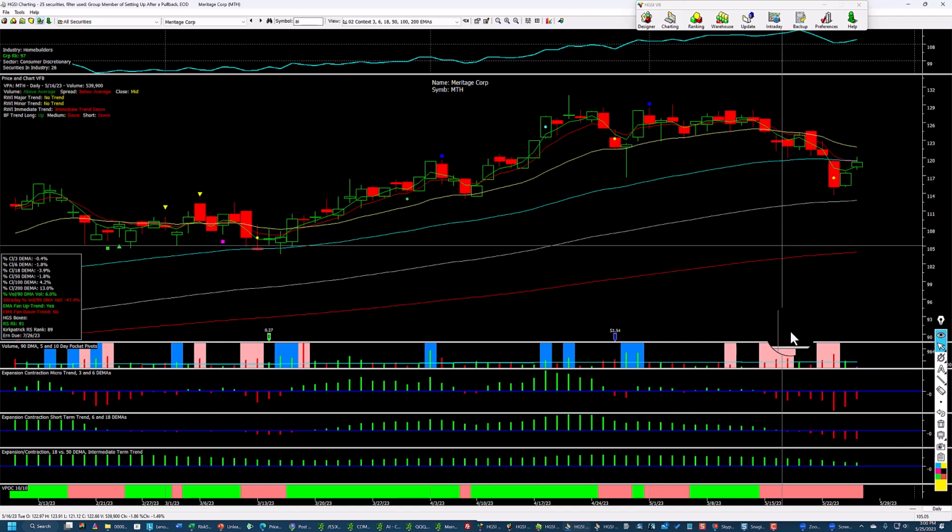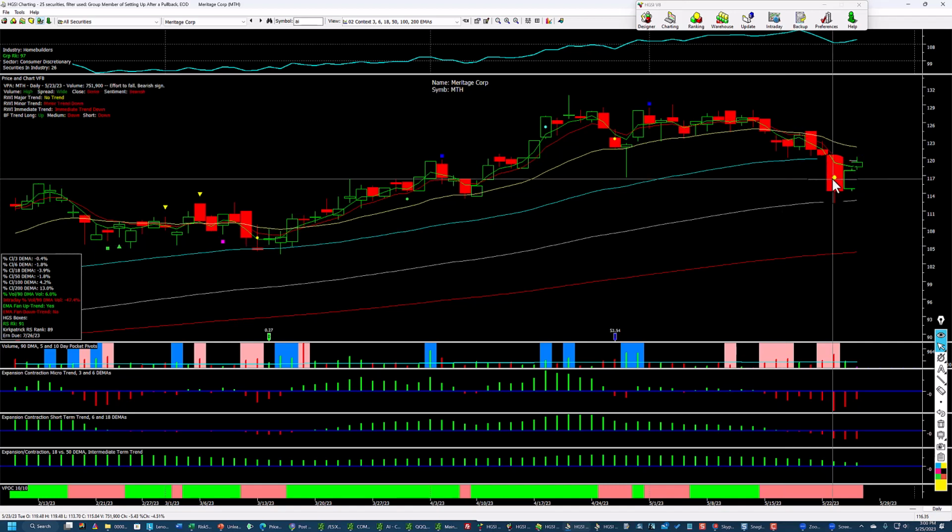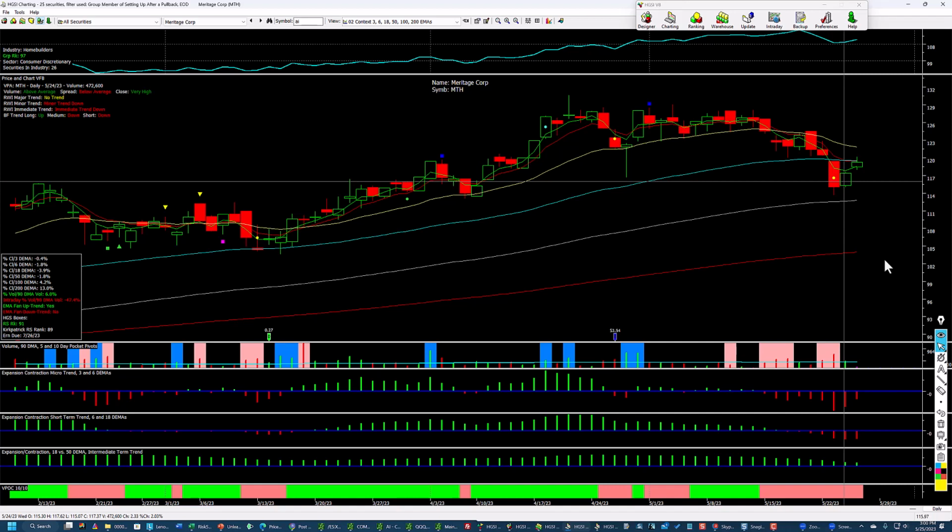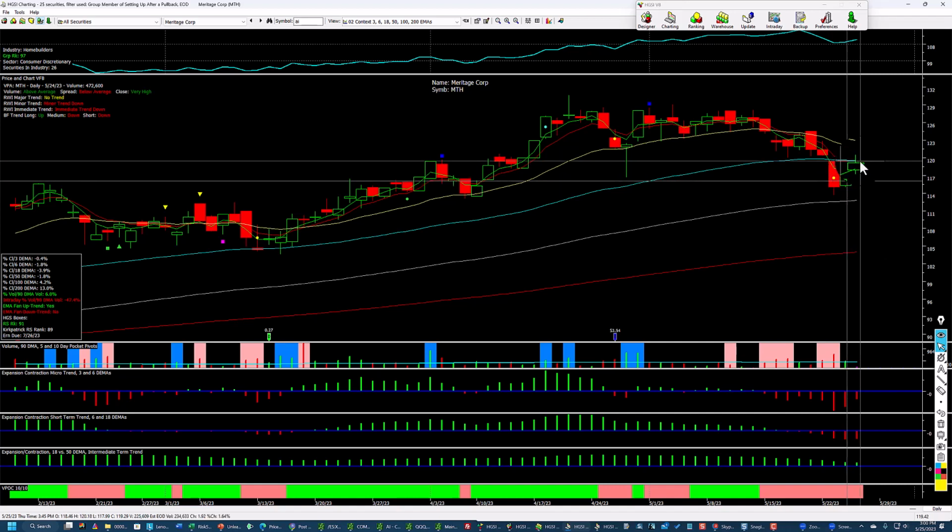So what's the context of this? Well, the fan is still up because the 18 is above the 50, it pulled back, effort to fall. There was pretty heavy volume, but then there was an inside day yesterday when this was generated, and today it's trying to get above, but it didn't. So that's the context of it.